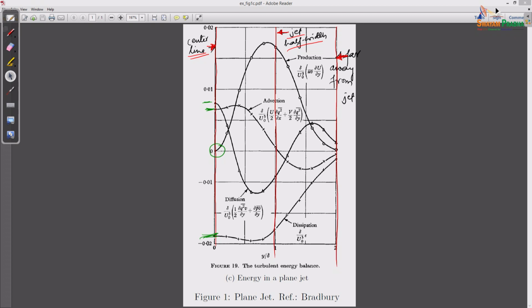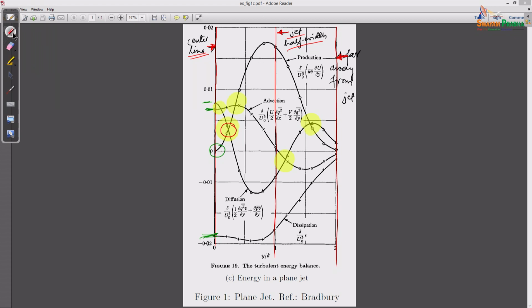I also find it interesting that at some points, let us discuss this a little bit. For example, look at this point here, and there are some more points here, like this.